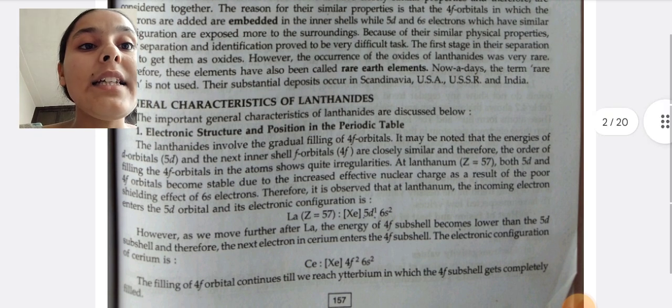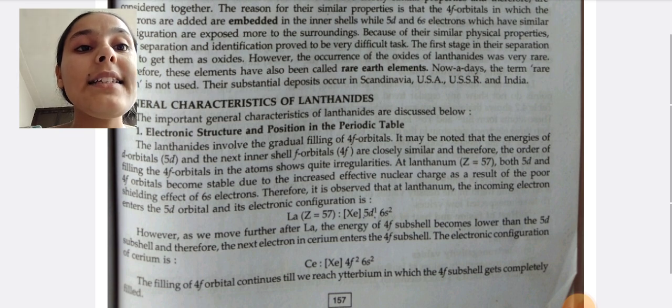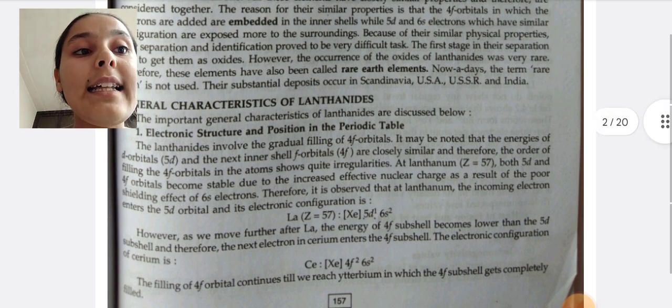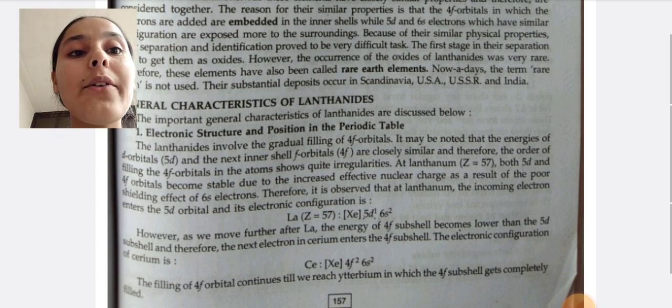The lanthanides involve the gradual filling of 4f orbitals. It may be noted that the energies of d orbitals and the next inner shell f orbitals are closely similar, and therefore the order of filling of the 4f orbitals in the atoms shows quite irregularities. At lanthanum, atomic number 57, both 5d and 4f orbitals become stable due to increased effective nuclear charge as a result of the poor shielding effect of 6s electrons.